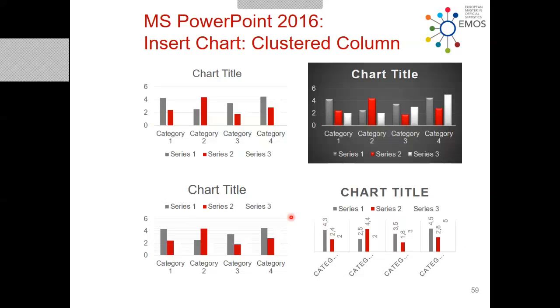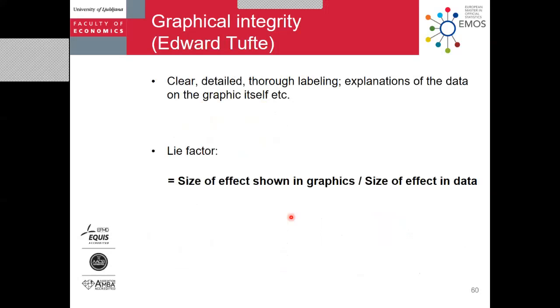Now, one last thing that I want to say in this part is about graphical integrity. We already mentioned perceptual difficulties we have with some graphical representations, and these may pose threats to graphical integrity. Now, to defeat graphical distortion and ambiguity, Tufte suggests clear, detailed, thorough labeling, explanations of the data on the graphic itself so that it's self-explanatory and so on.